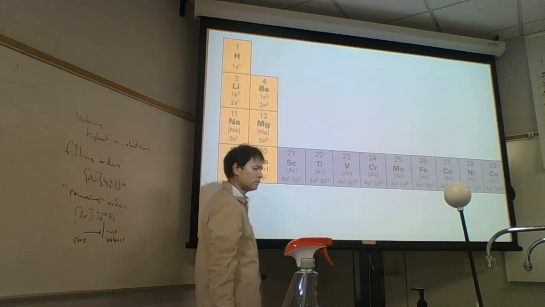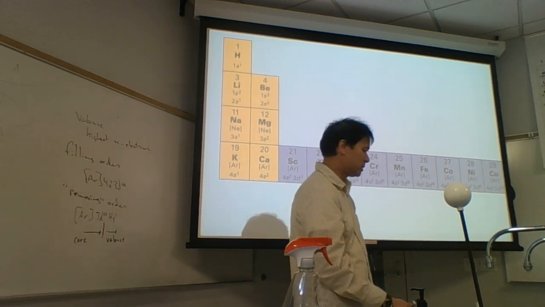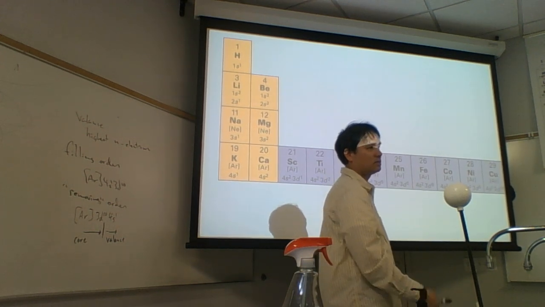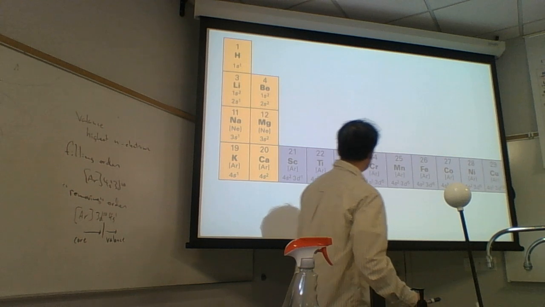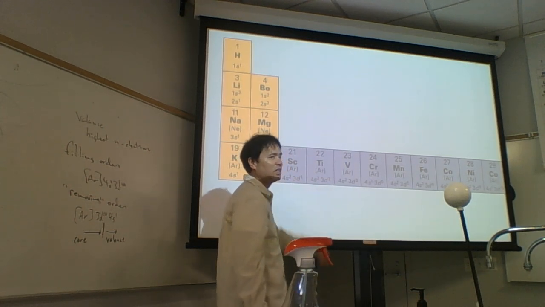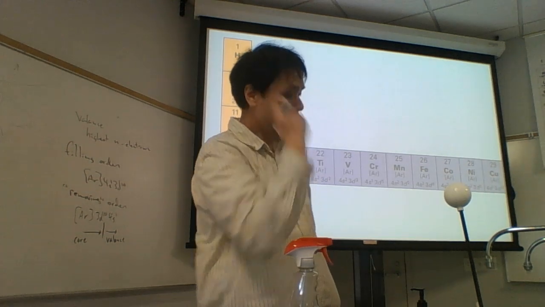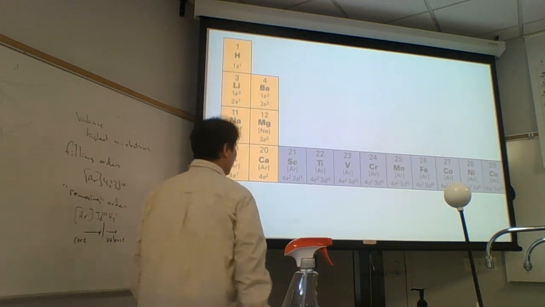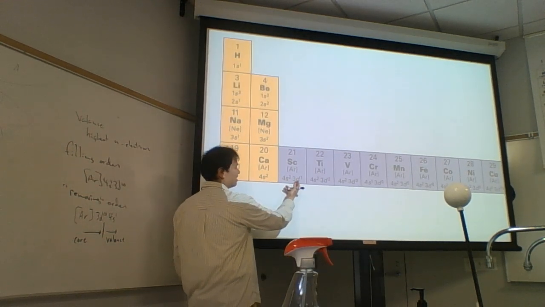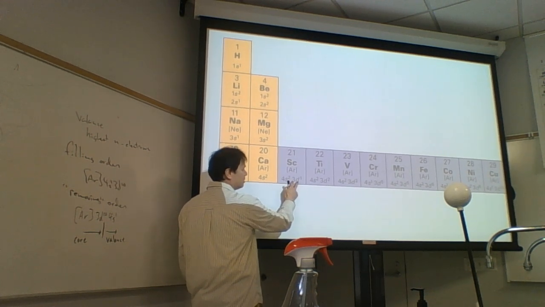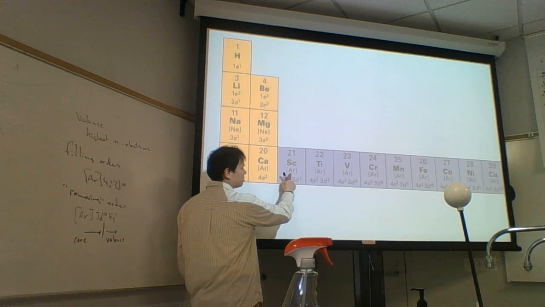But there's a difference between this and the other Ds. When we're looking at the other Ds, those are d10. d10 is a filled subshell. This is a d1. That means there's only 1 electron there. And so it doesn't have the same stability as a filled or half-filled subshell. So what happens here is the oxidizer, once it's gotten the valence, could start attacking the core. Now this core electron is very different from this core.